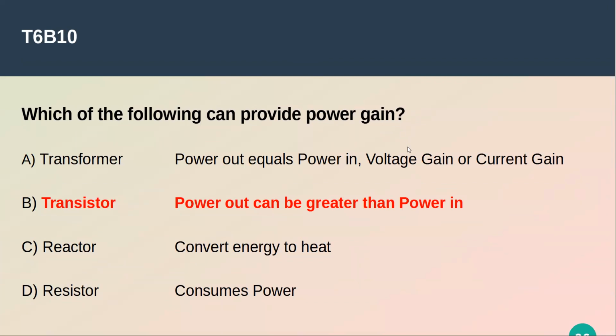That's right. A transformer transforms, power in equals power out. It can increase the voltage, it can decrease the voltage, or increase or decrease the current, but the product of the two, the power in, will equal the power out. So there's no gain. In fact, in the real world, power out is slightly less than power in.